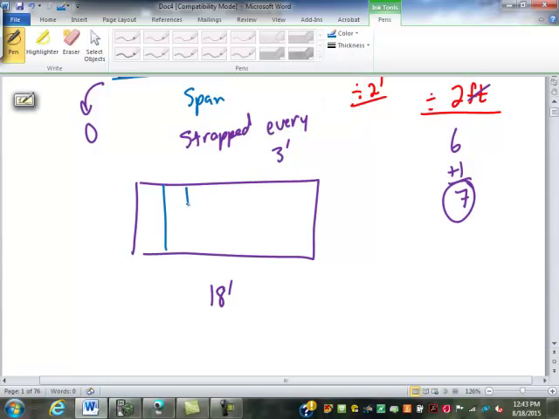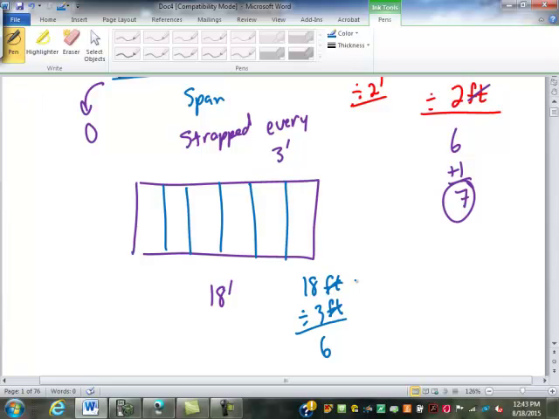So we've got 3, 6, 9, 12, and 15. If you were going to take 18, and again you could do the feet divided by 3 feet, the feet cancel out and you get 6 again. But do we need 6 straps? No, because you don't put a strap on either end. So in that case, you'd subtract 1 from it to get the number we need. We need 5 straps there.